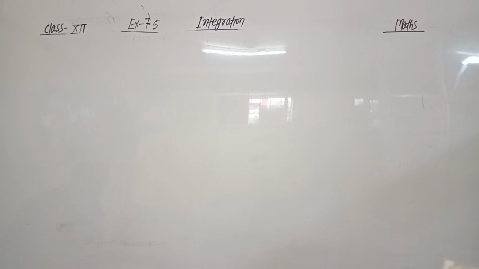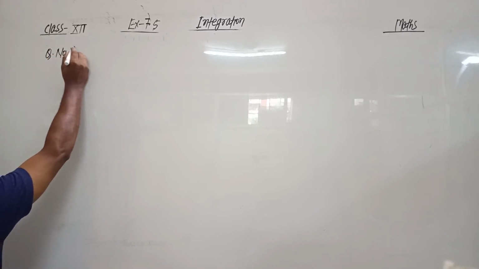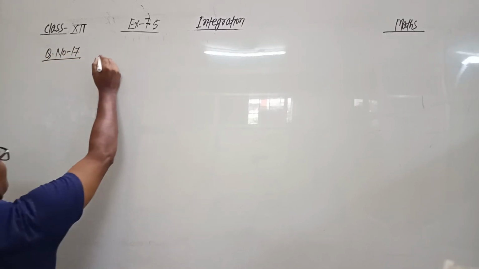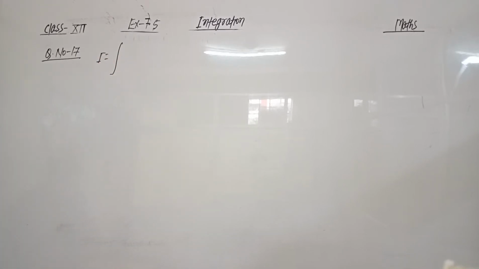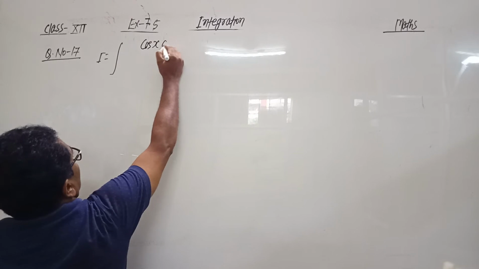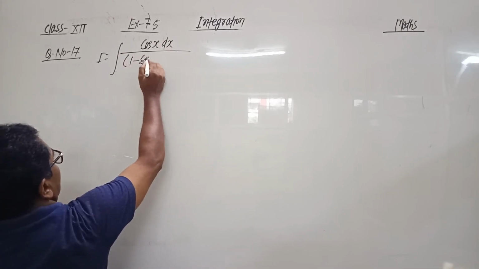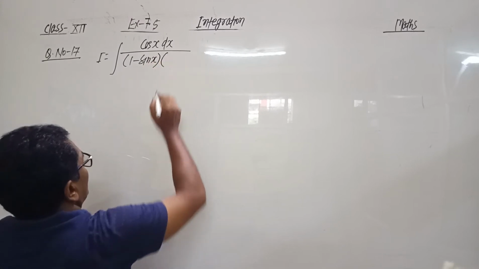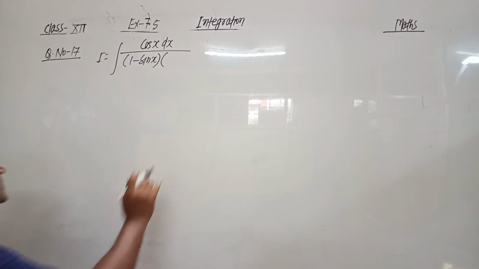Now we solve question number 17. Integration cos x dx upon 1 minus sin x into 2 minus sin x.